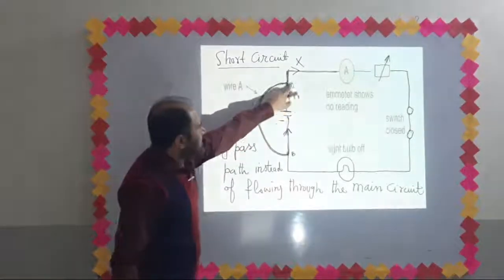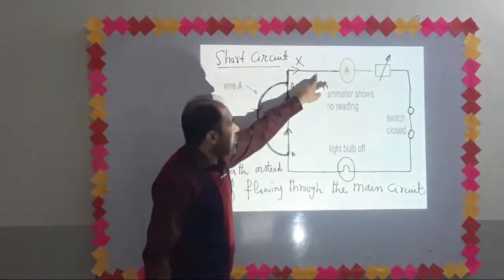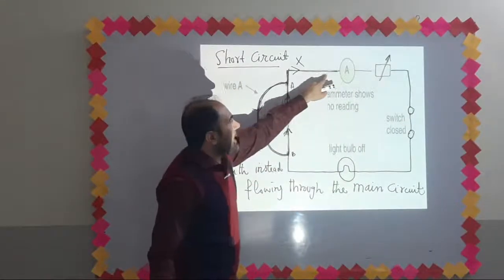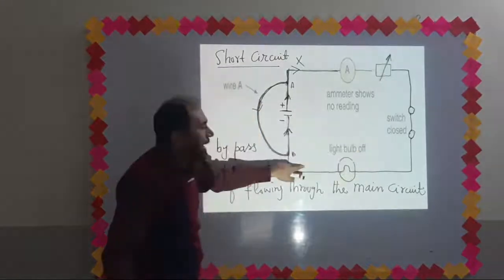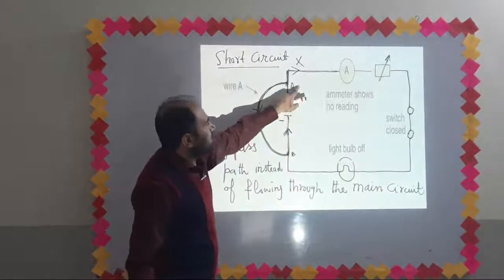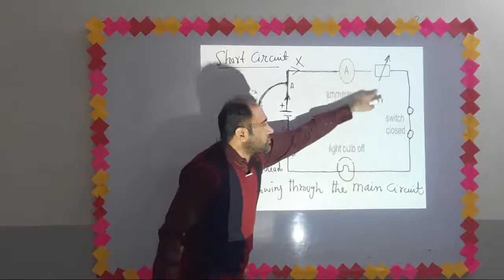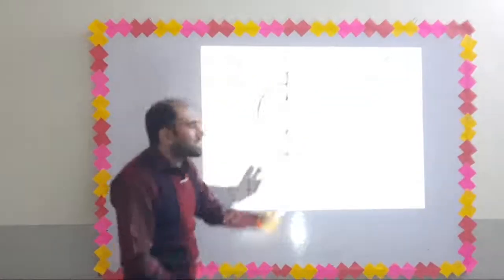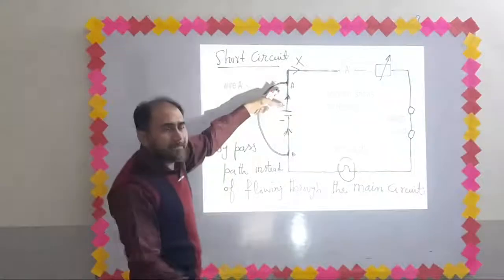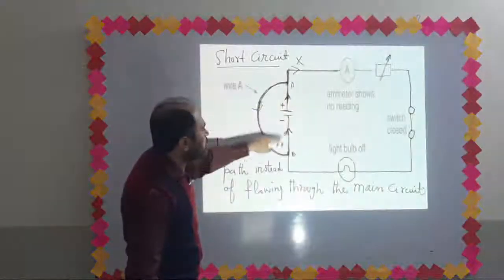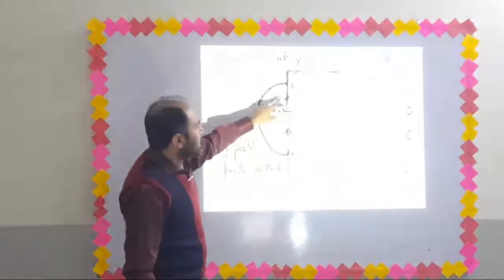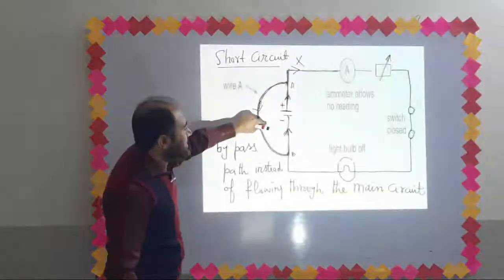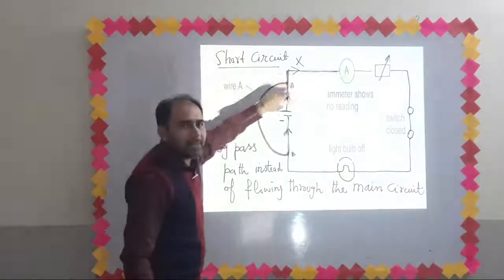Here, if the current flowed through this portion of the circuit, it would have to pass through a larger path, and charges would have to pass through many distances. So the current always adopts such a path in which there is less resistance as compared to other paths.